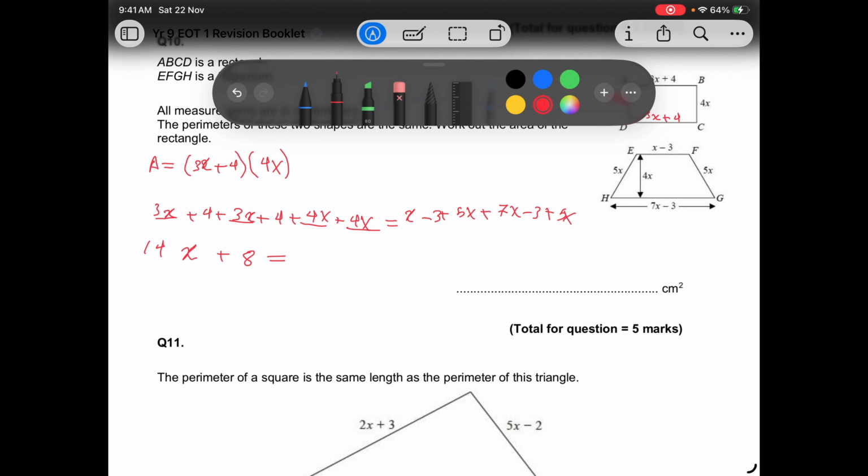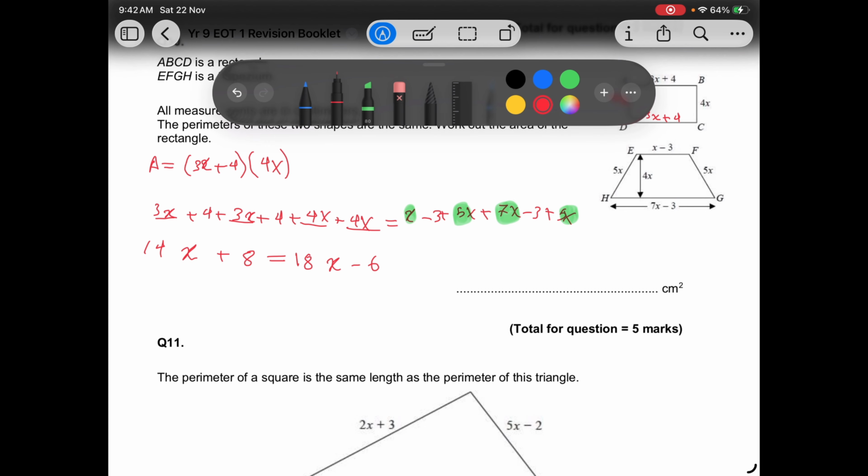I will add all the x's together here: x plus 5x plus 7x plus 5x again, 5 and 5, 10, 11, 18x. So this is 18x minus 6. Why minus 6? Because minus 3 and minus 3.